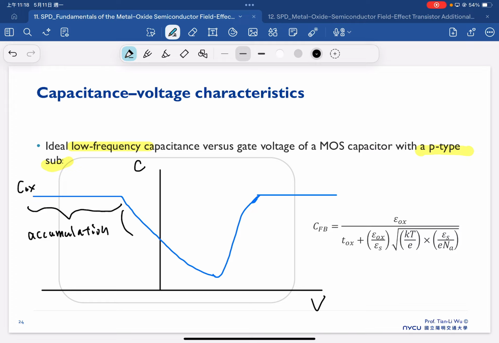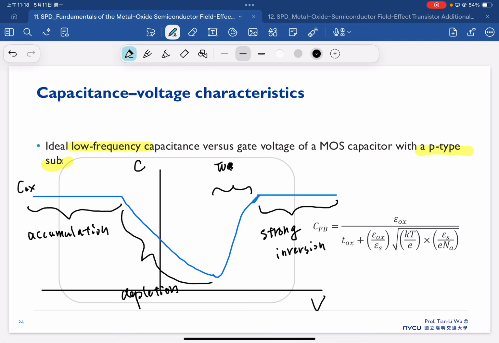And this is the region we call depletion. And this is the region of strong inversion, and also the weak inversion.